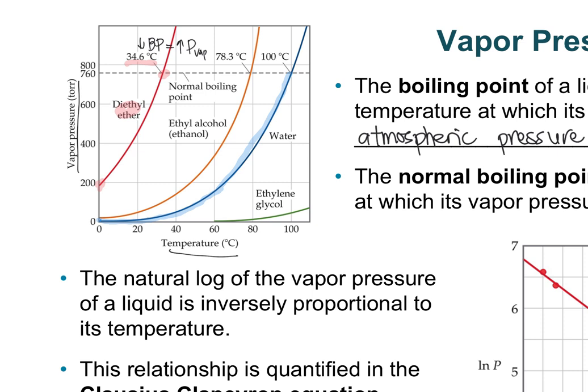This is where the vapor pressure line crosses the atmospheric pressure line, and that's the temperature we can extrapolate down here for our boiling point.